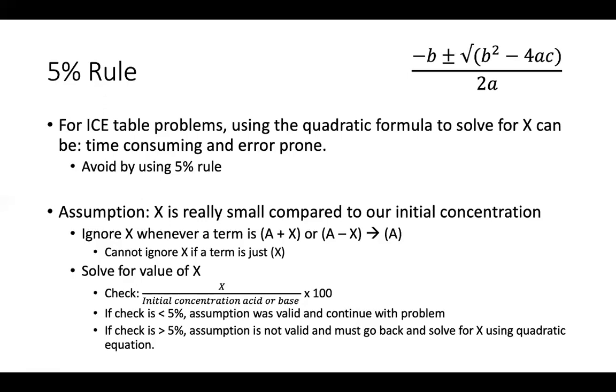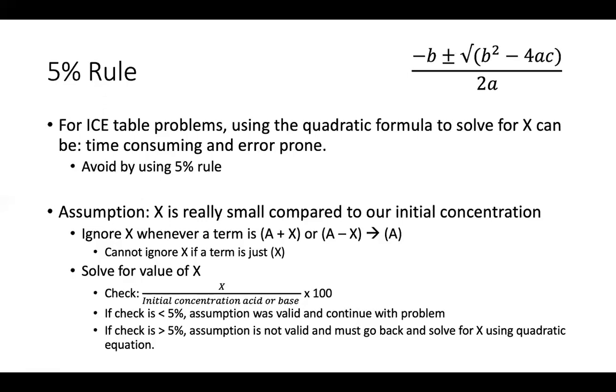Okay, and based on this, one of two things will occur. If the percentage is less than 5%, that means that the assumption that X is really small compared to our initial concentration is valid, and that means that the value of X that you solve for is correct, and you can continue on with the problem.